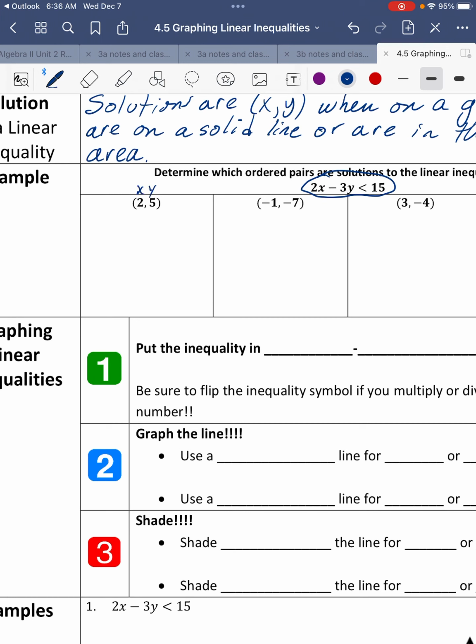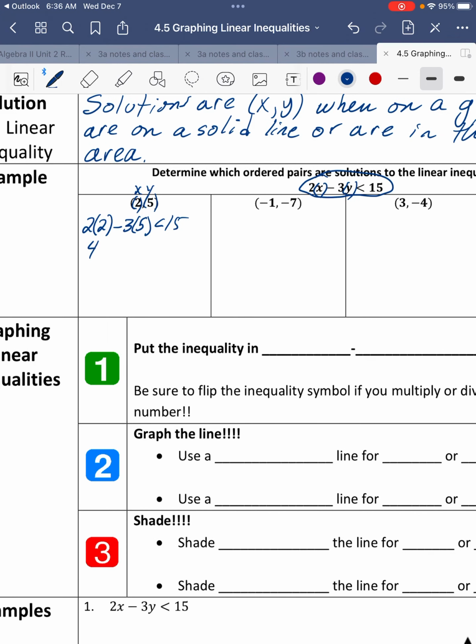and y. So we're going to see if (2, 5) is a solution to 2x minus 3y is less than 15. So we're going to take where the x is and replace it with 2. Where the y is, we're going to replace it with 5. And simplify the left side of the inequality. 2 times 2, so order of operations.